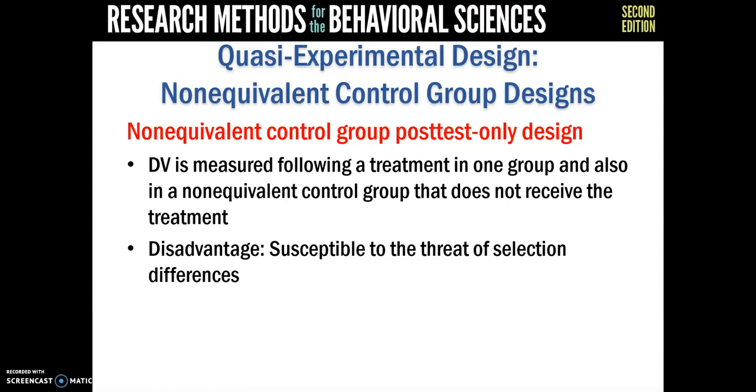However, because it's not randomly selected, the disadvantage is that there might be biases, or there might be differences between the groups to begin with. Let's say the control group is a very smart group and the test group is actually horrible at testing. The test scores would show a big difference.